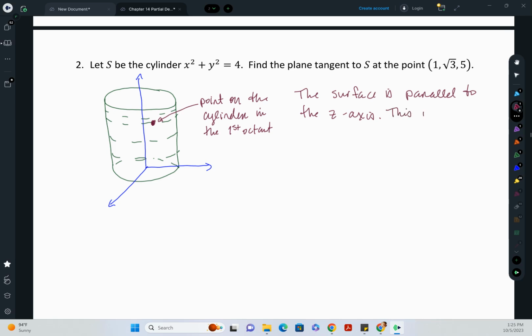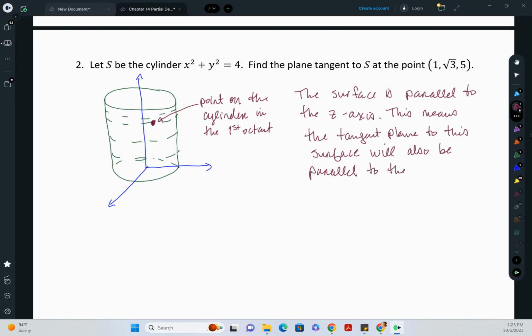This means the tangent plane to this surface will also be parallel to the z-axis.